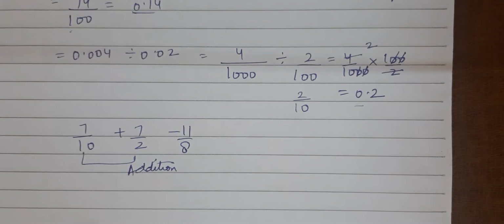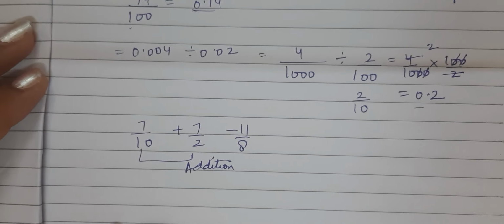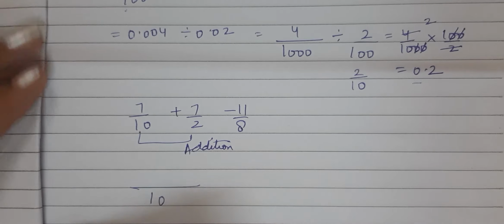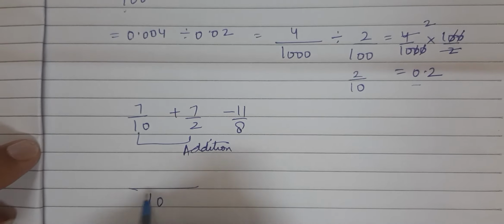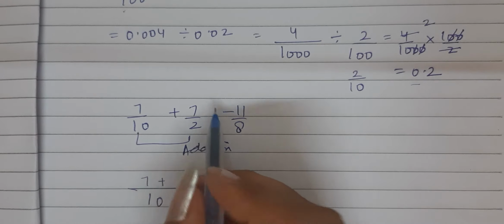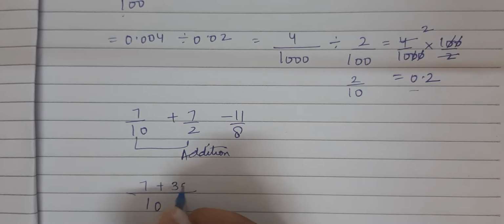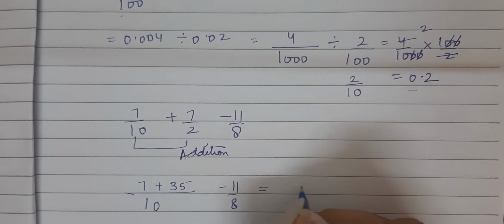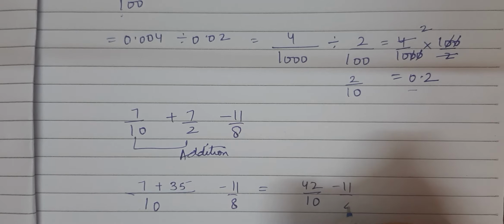First of all, we will make the denominators common. It will be 10, and hence 7 plus 7 by 2 into 5 over 10. So 7 into 5 is 35, minus 11 by 8. It will become 42 upon 10 minus 11 by 8.